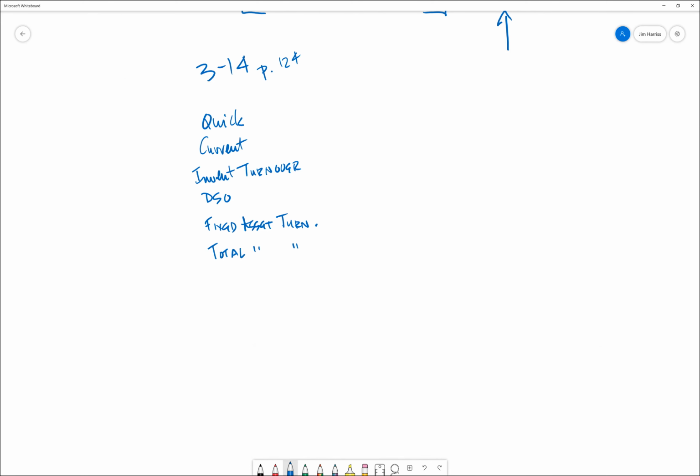And let's see, ROA, ROE, net profit margin, and I like the debt ratio rather than the one necessarily being used in the textbook.